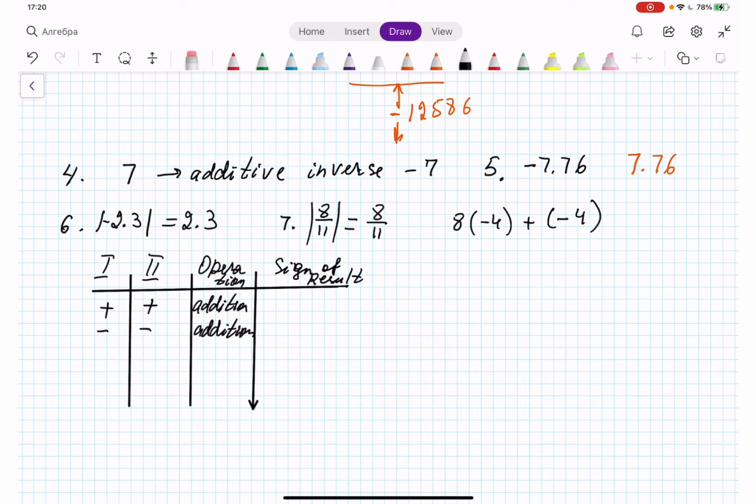That means it's going to be positive. If both signs are negative, that means nothing to choose. It's going to be negative. Now, next one. Signs are different. Positive, negative, negative, positive. So if signs are different, we do subtraction, period.